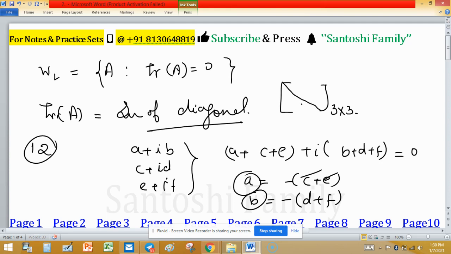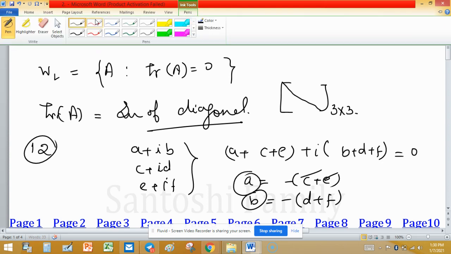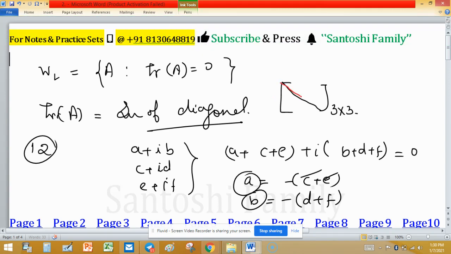And from the diagonal, two positions are bounded. In the diagonal the total entries are 3. So 3 entries, of which we are bounded at two places, leaves only 4 free entries here.